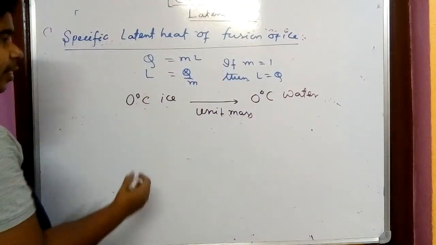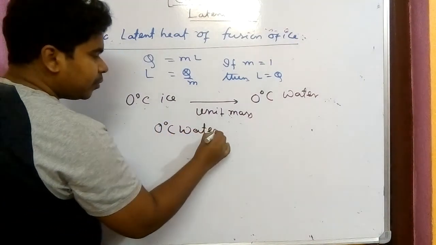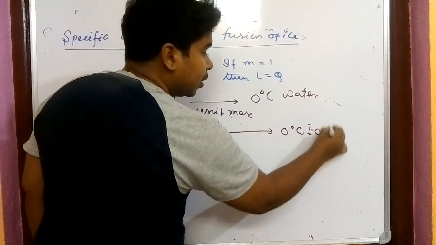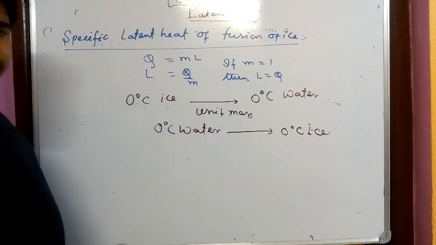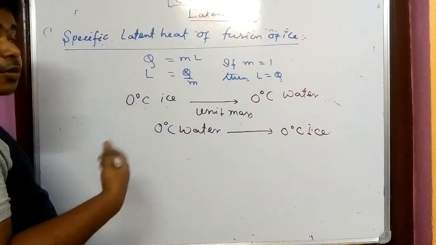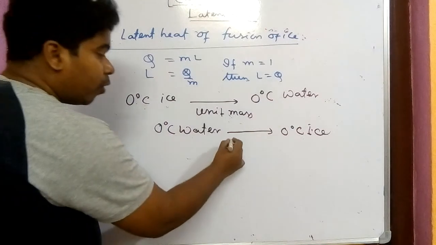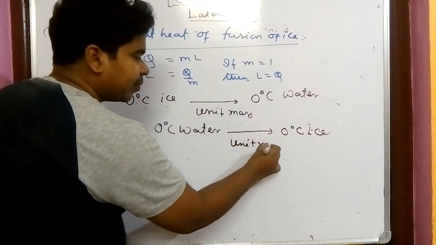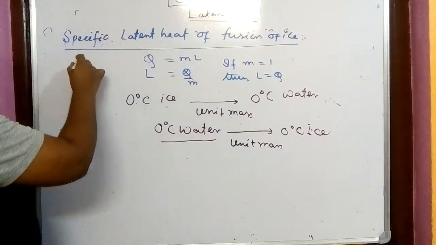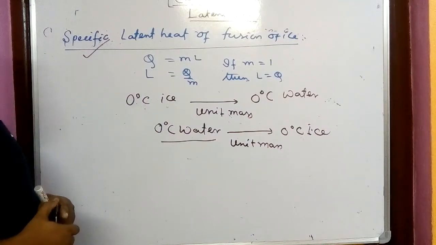Or in another sense, when 0 degree centigrade water converts into 0 degree centigrade ice by liberating heat energy, for unit mass, how much heat should be liberated by water, that is also known as specific latent heat of fusion of ice.